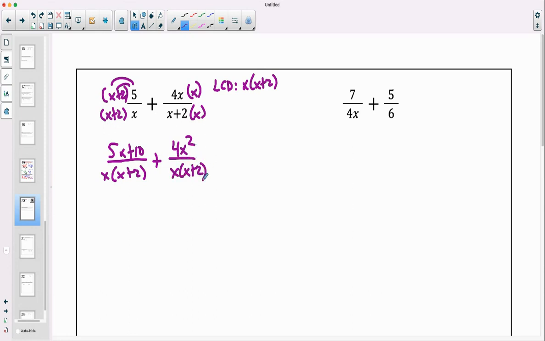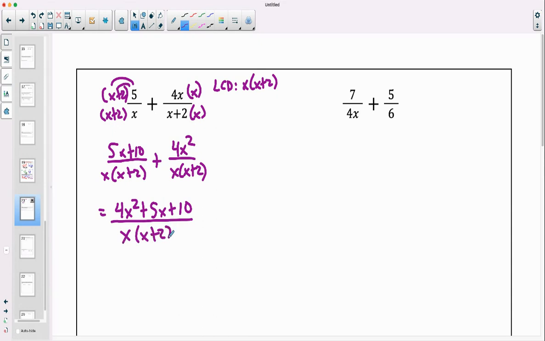All right, and then from there, we don't have any like terms. I am just going to go ahead and write it in standard form. So looking at trying to factor, if we can, we have 4x squared plus 5x plus 10, and then we have x and x plus 2 on the bottom.